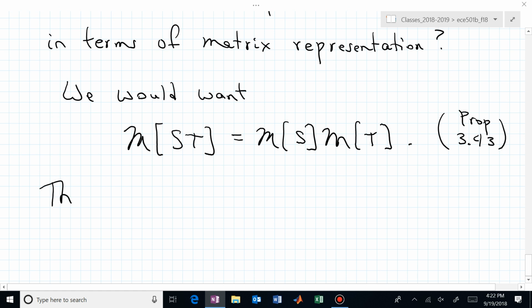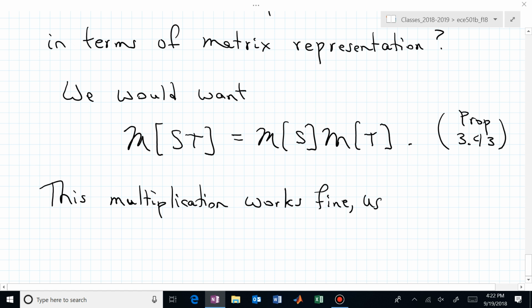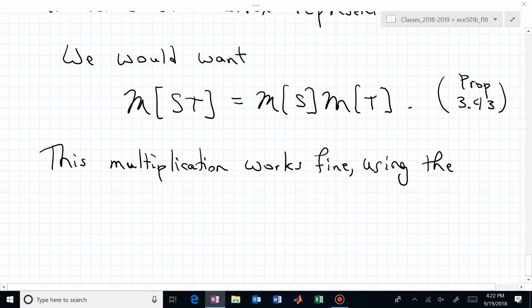And this multiplication works fine using the standard definition of matrix multiplication.